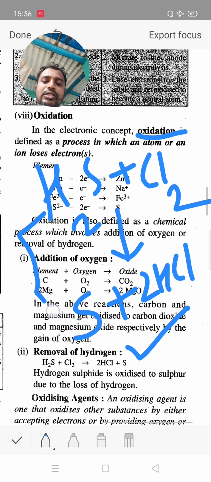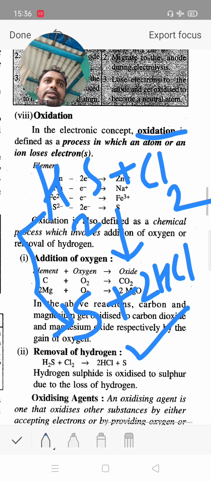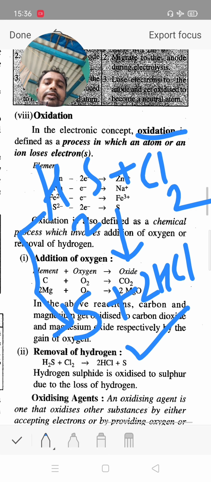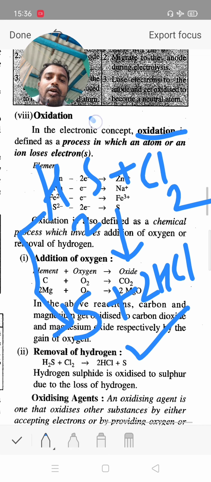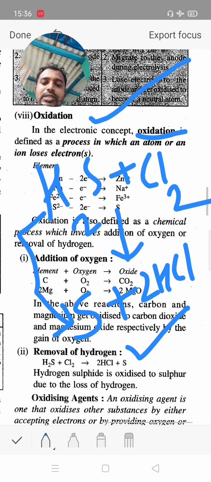This is the oxidation process: removal of hydrogen, and hydrogen sulfide converts into sulfur. When there is addition of oxygen and removal of hydrogen, the process is oxidation.